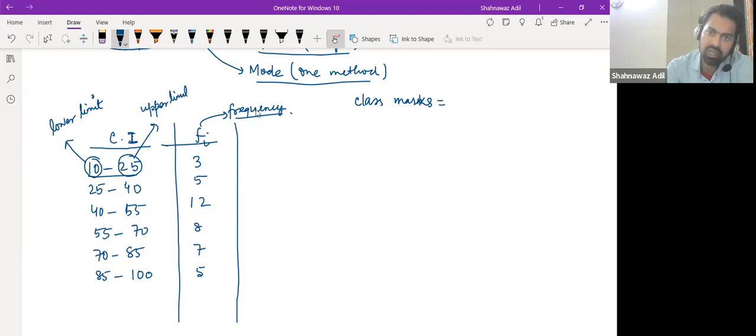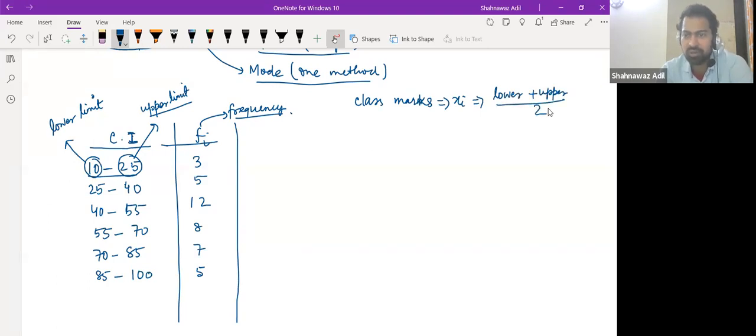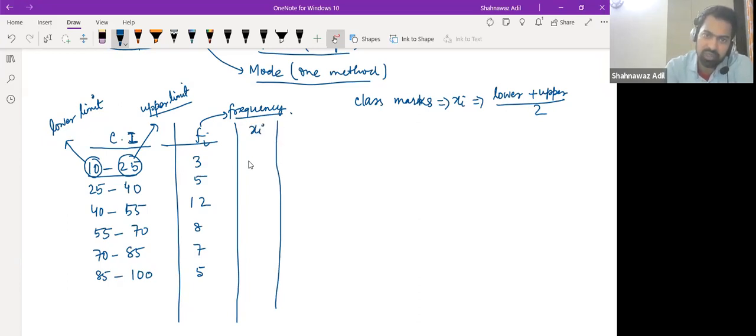To calculate the class marks, which is represented by xi, you calculate lower limit plus upper limit by 2. So from 10 to 25, this is 35 by 2, which is 17.5.